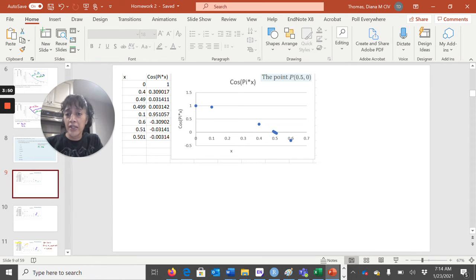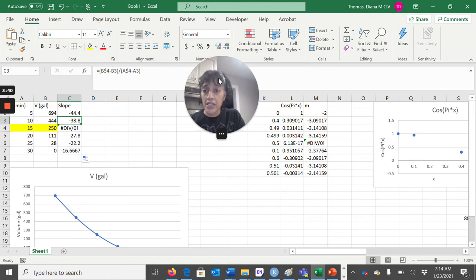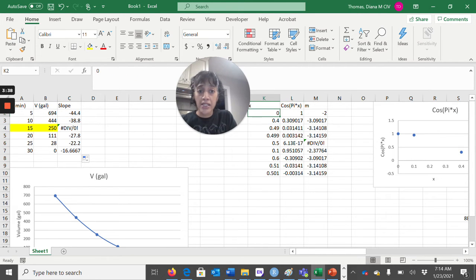I just went in here in Excel and I had it give me the y values for all these x values because that was not given in the problem. And just so you can see it, this is my worksheet for this section.